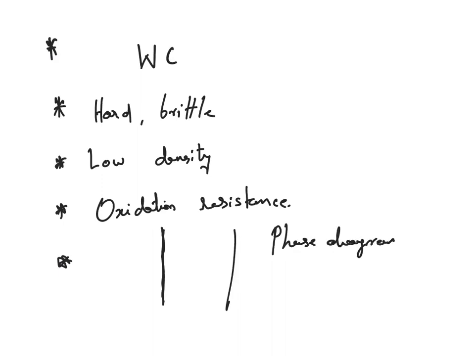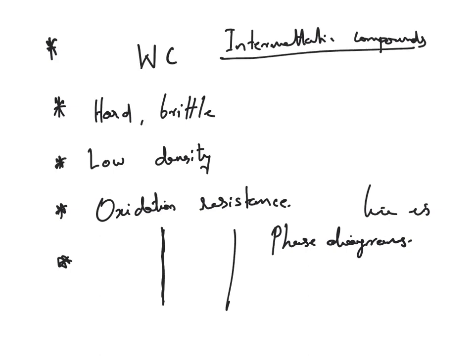So this is all about intermetallic compounds. One more thing to note, another good example of an intermetallic compound is Fe3C, which is cementite, which we will talk about in detail when we come to the iron carbide phase diagram. So this is a brief about intermetallic compounds.